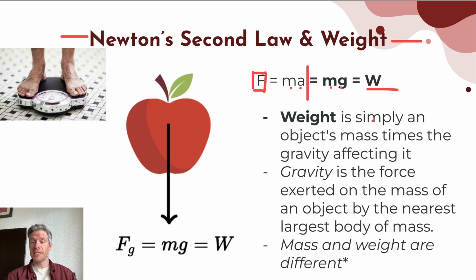Much less, I think it's like 1/6 or 1/5 on the moon, and like a third or something on Mars, or 2/3. But anyway, with a lesser gravitational constant, you actually weigh less on these other planets, but your mass is the same. Okay, so differentiating those two terms in your head when you use them and speak about them is really helpful. I know I definitely still from time to time get them confused when I'm discussing the two.